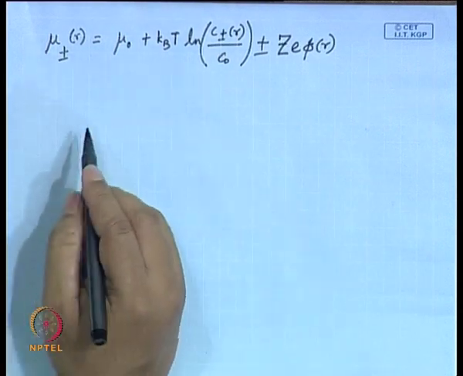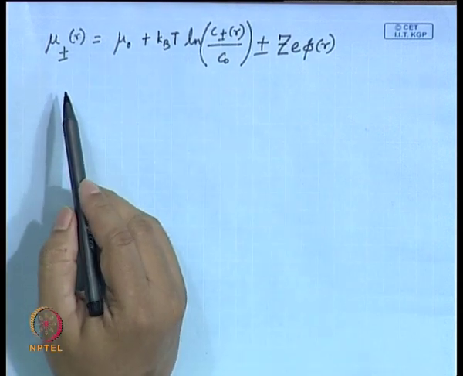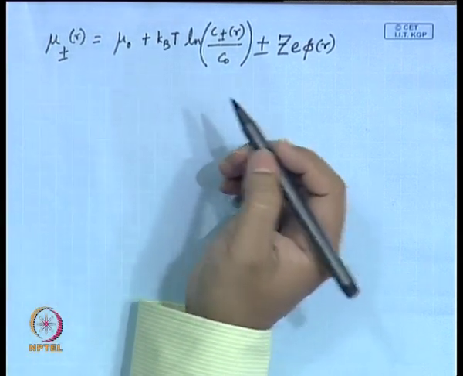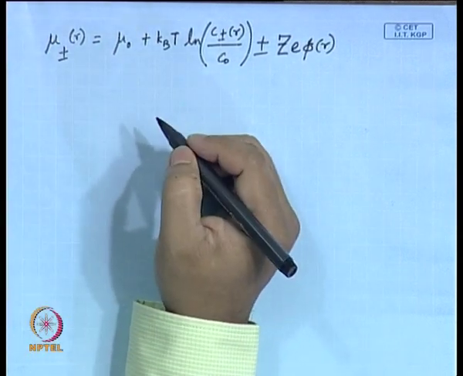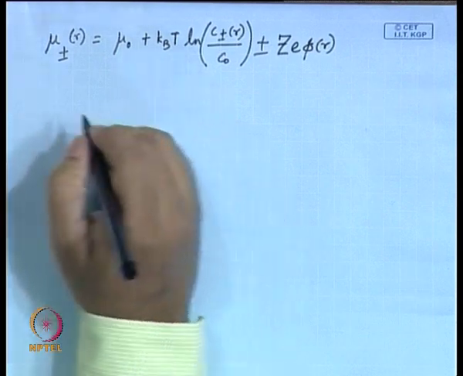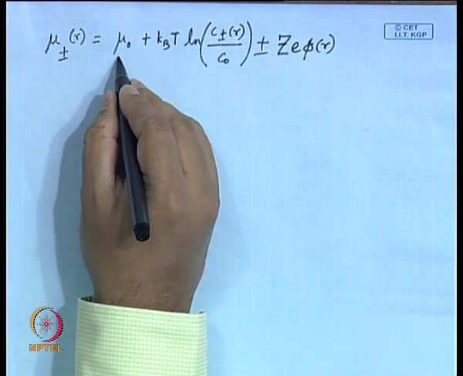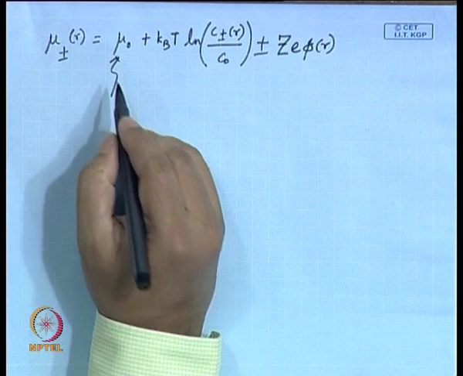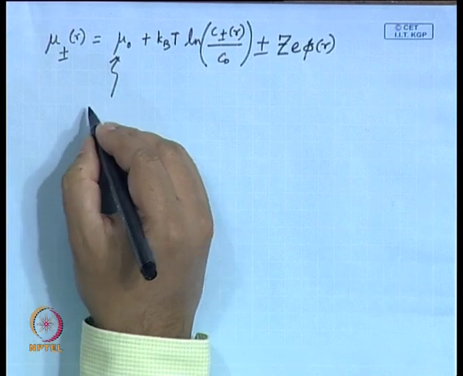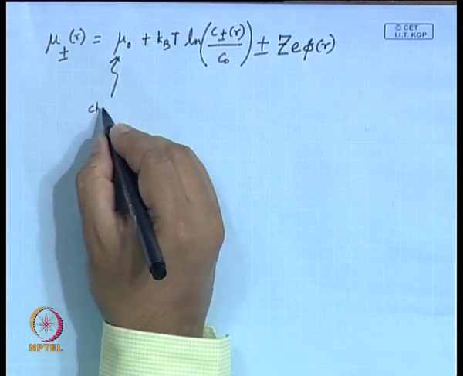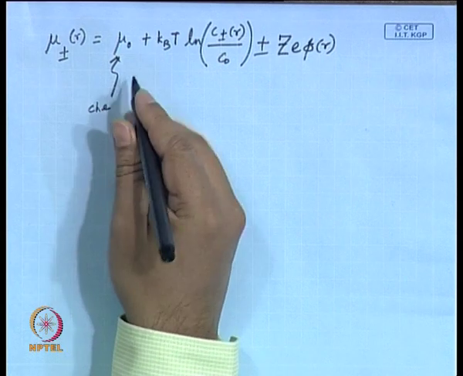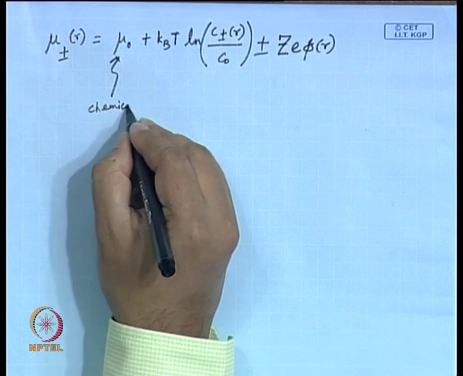This is an expression for chemical potential where we have plus and minus charges, that means these ions are available. Here I have a mu 0 term, which is basically the chemical potential in absence of an electric field.